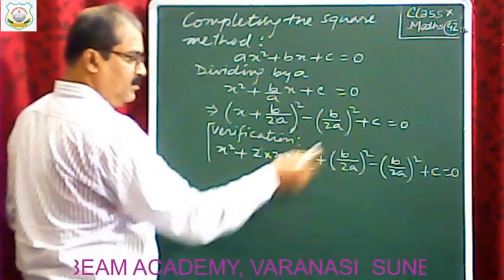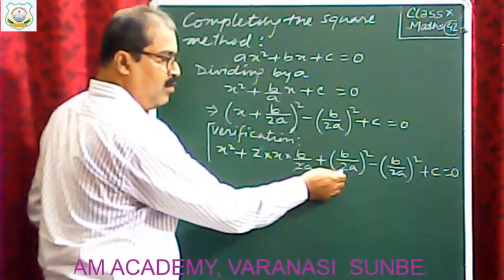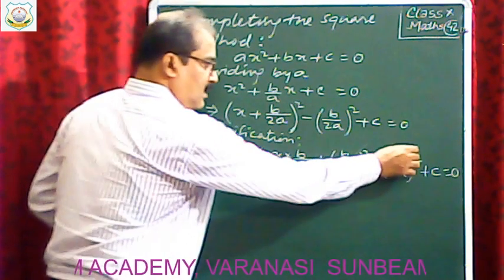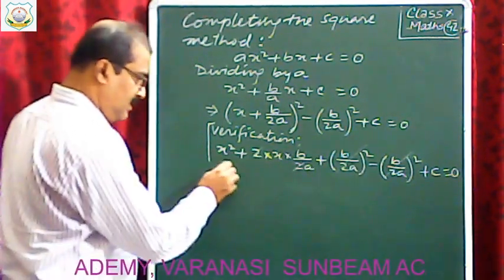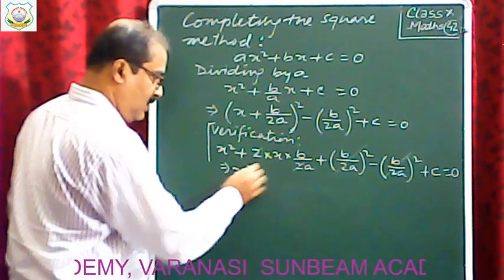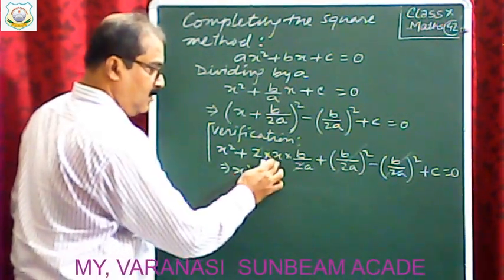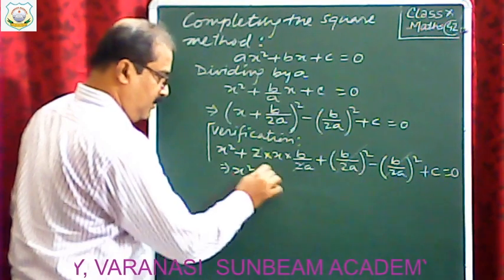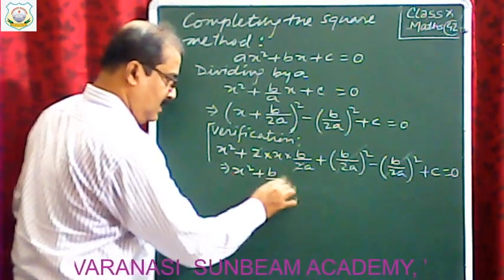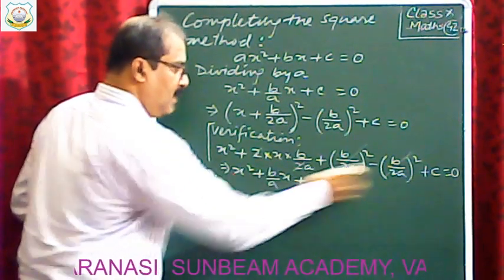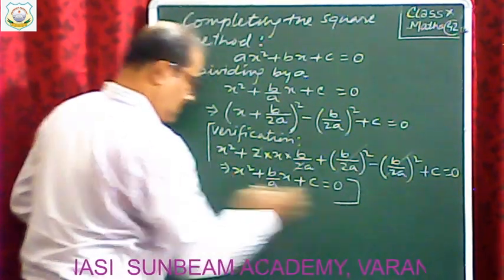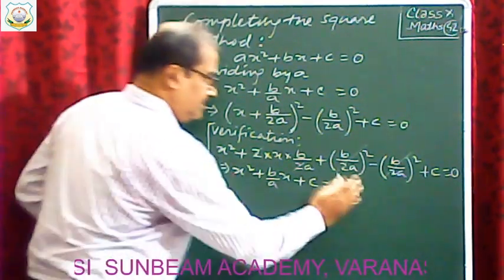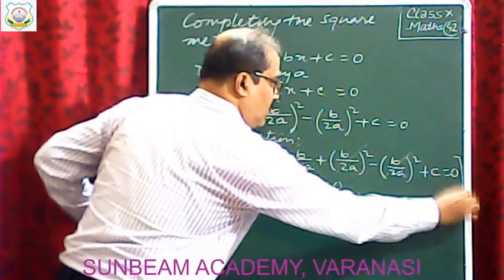After expanding this, we get one extra term, that is b by 2a whole square, that will be cancelled. So finally, what do we get? Let's see, x square plus b by a x plus c. Clear? So this is the verification of why we have done this.